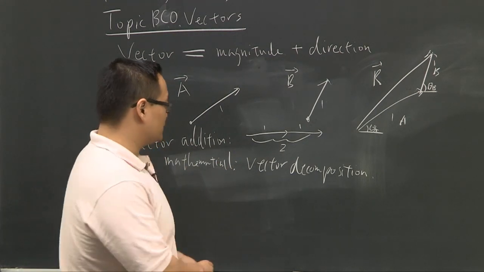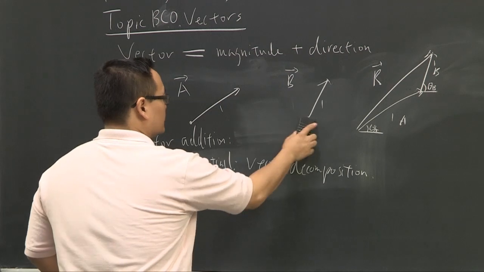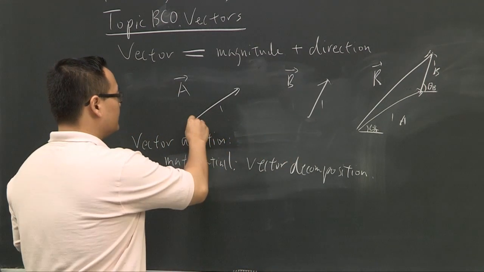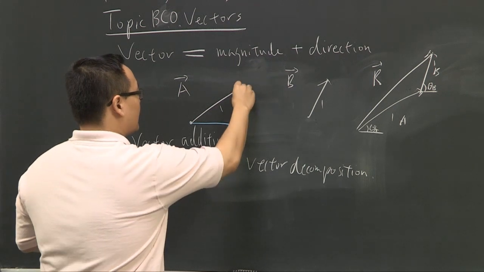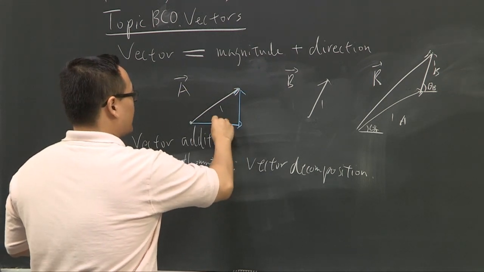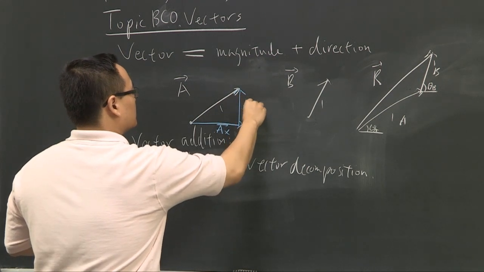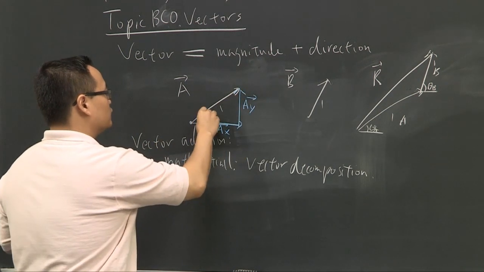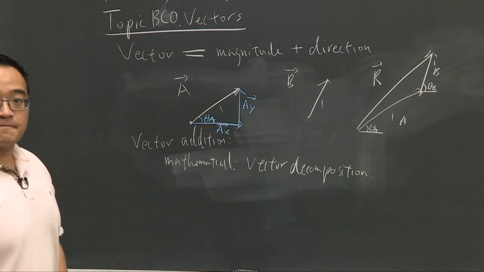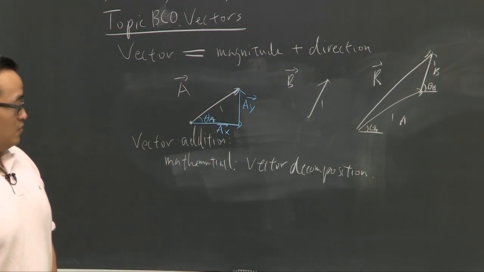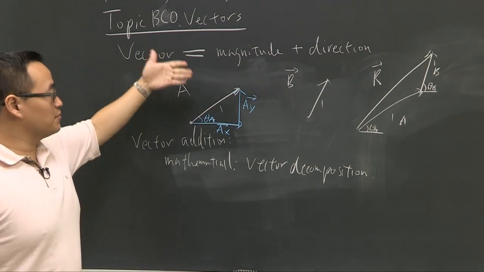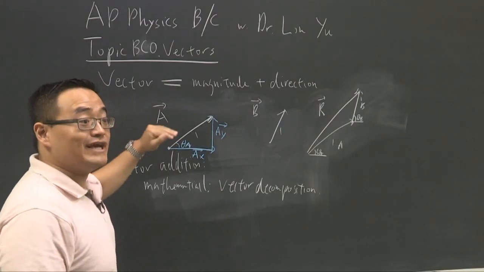So let's take vector 1 as an example. I can decompose vector 1, or vector A, into Ax and Ay, assuming I know the angle theta A. Ax is just the x component, or the component of A that's parallel to the x-axis.